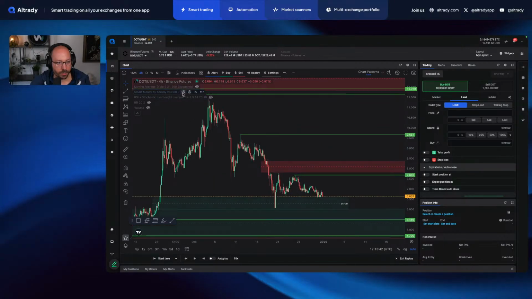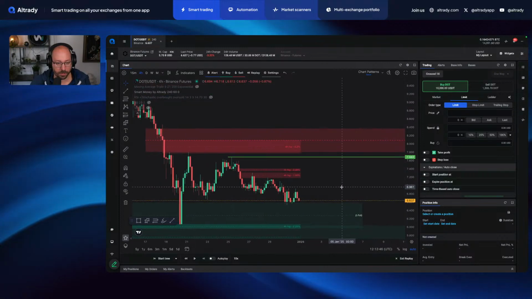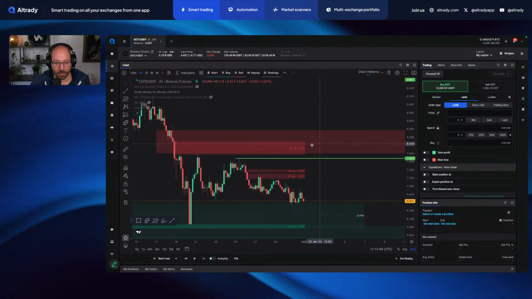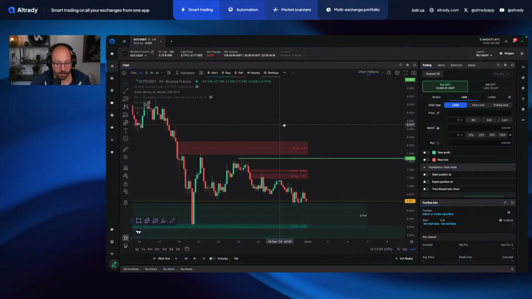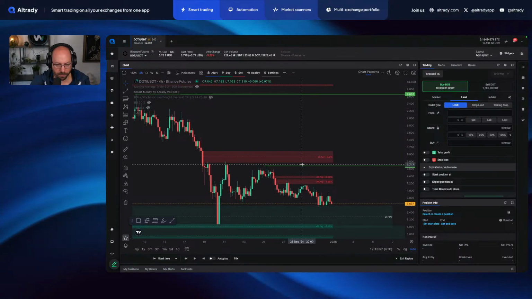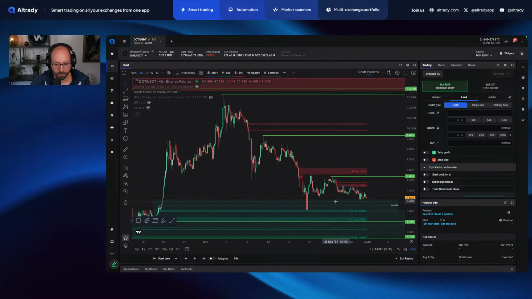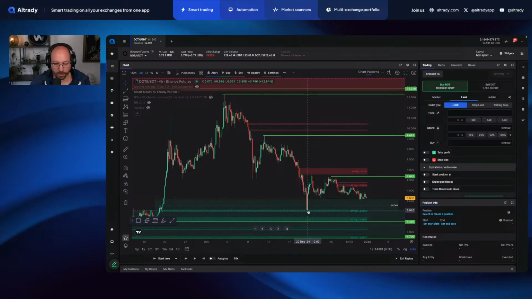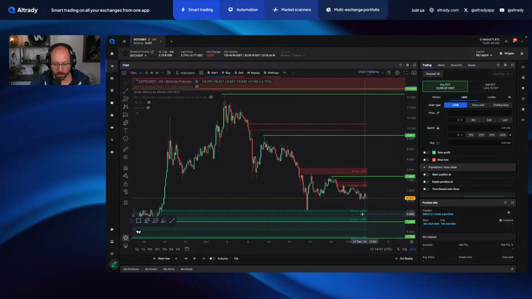Now I can actually use this one as well, so I don't need to draw the fair value gaps. That's always easier. So this is the clear 4 hour fair value gap. We could just leave that. Just remove that one. Liquidity is fine. Liquidity here touches the fair value gap, so I would say that this one is more important.